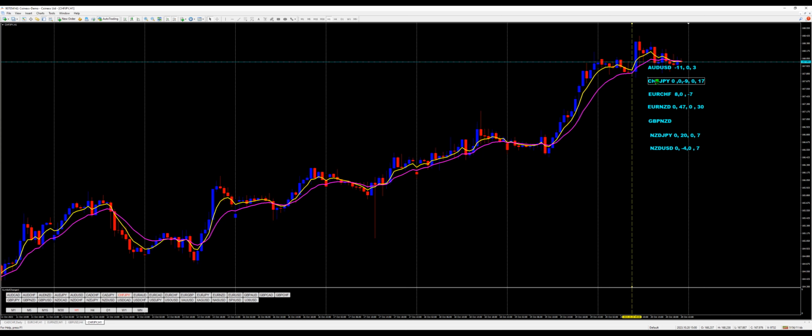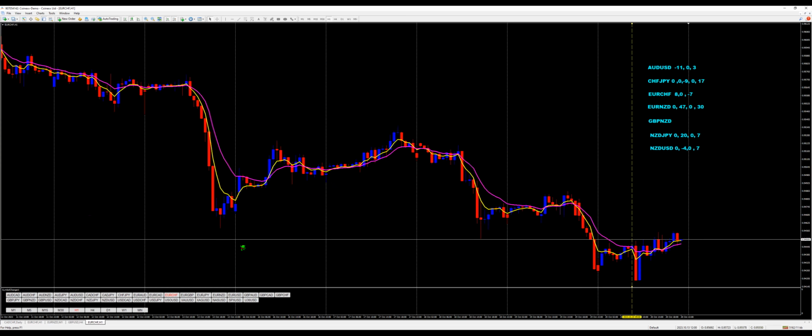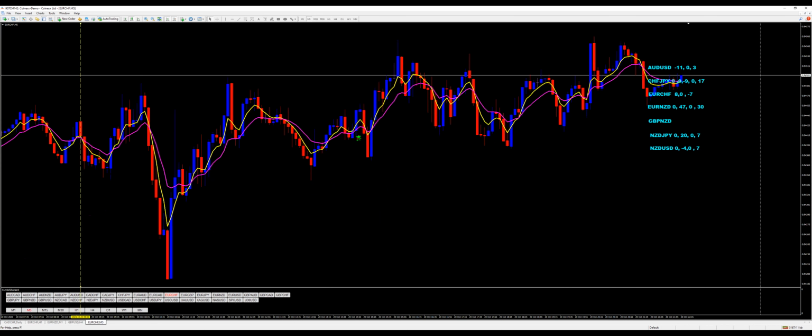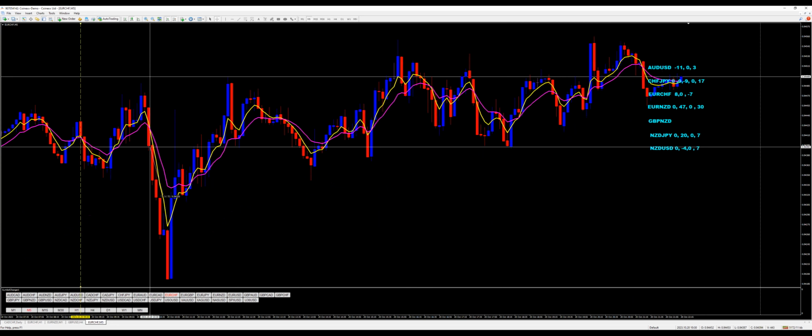Okay. With the Euro Swissy. Euro Swiss, we're looking for a short. It's still setting up, so we should get a trade out of this. Here's the short. 10 pips.